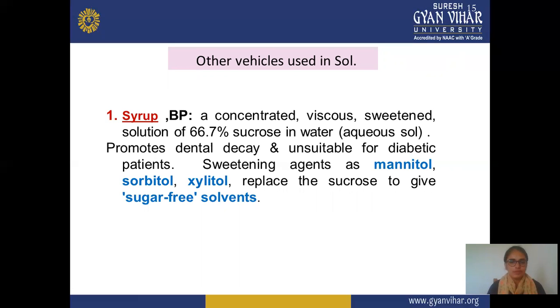Means easily you can say that syrup is a sweetening agent, a viscous solution containing a large amount of sugar, up to 66.7% sucrose present in your syrup, and it is available as an aqueous solution.